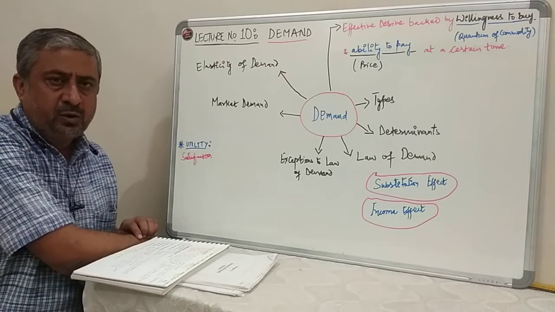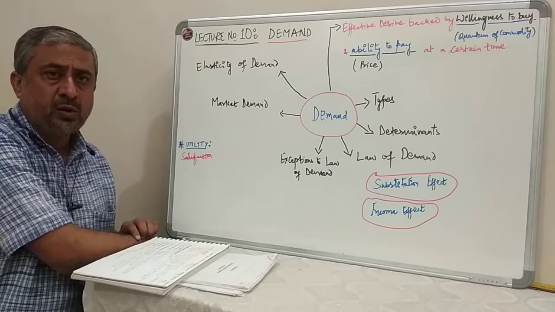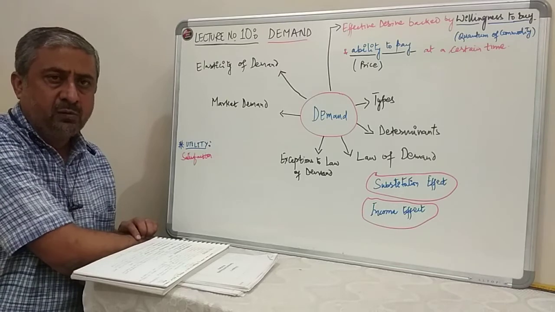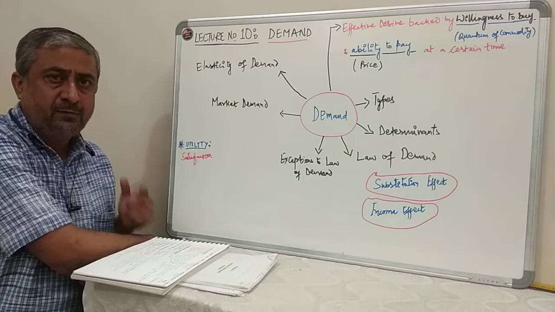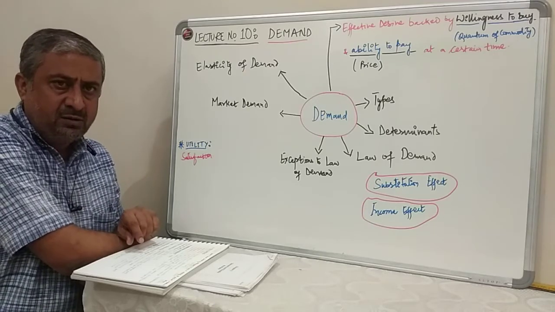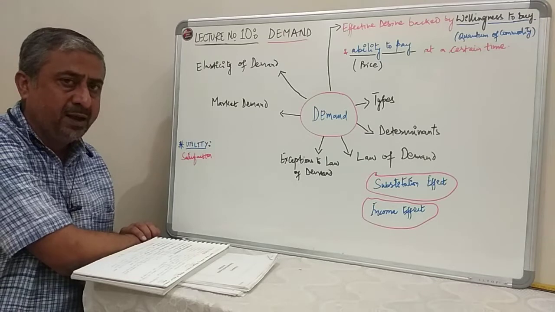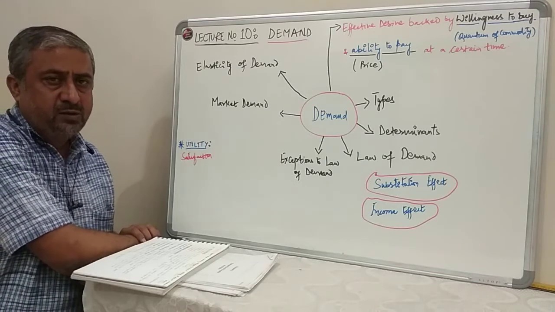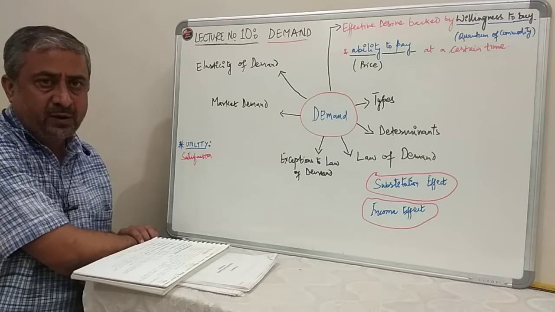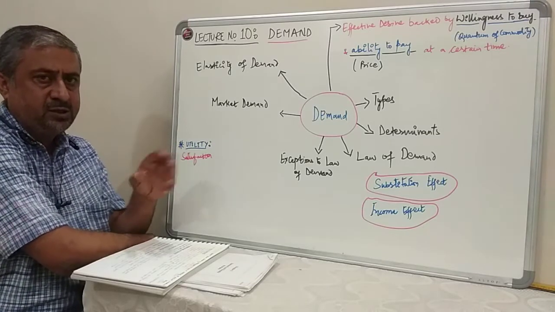For example, a human being has a lot of desires, but they are not all effective. Now, why we are using the word effective here is because that desire is backed by willingness to buy. Two things are essential for a desire to be effective. How do you say that this thing is effective?